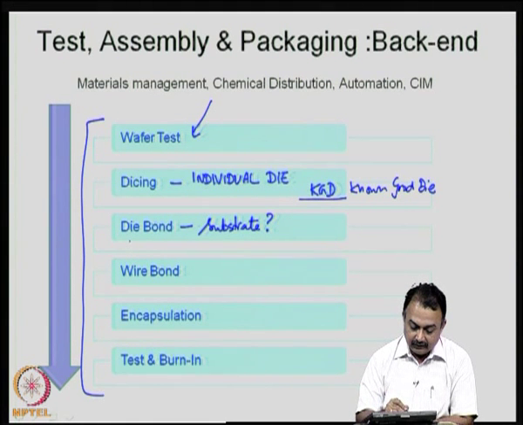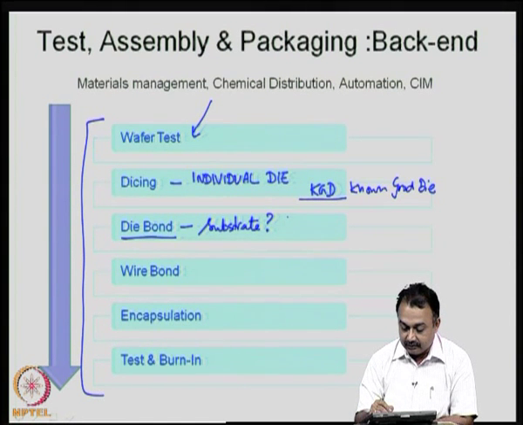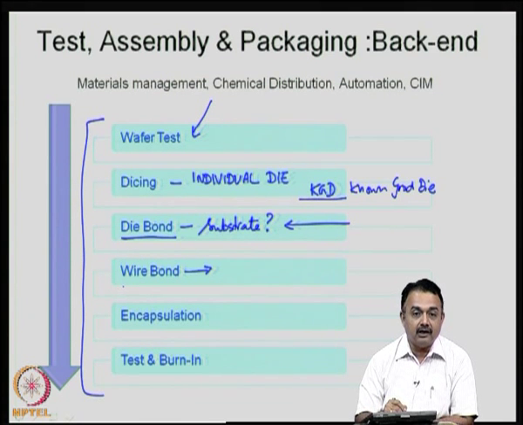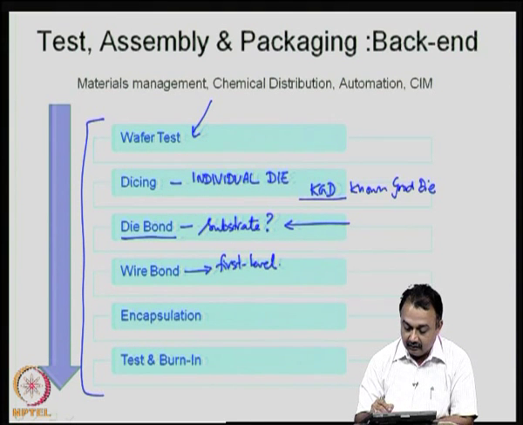So, we will see what is die bonding. Basically, here the die is attached to the substrate. That is the basic process in die bonding. Now, the first level connections have to be established, and that is known as wire bonding. So, you can call wire bonding as a first level interconnection methodology.